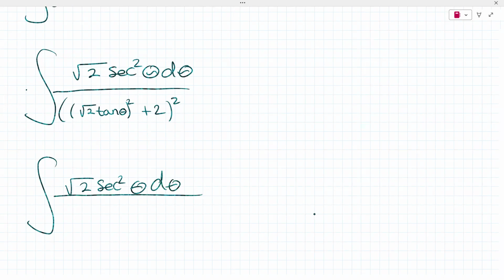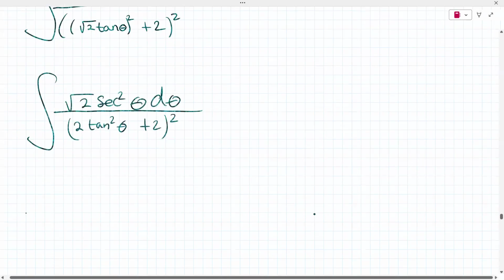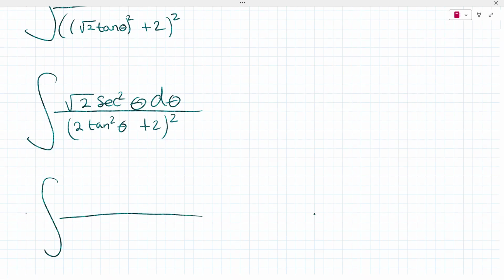When you square this, you should get 2 tan squared theta plus 2. And then we're going to square that. So that's going to be simplified as square root of 2, and then it looks like you could factor out a 2 right here.